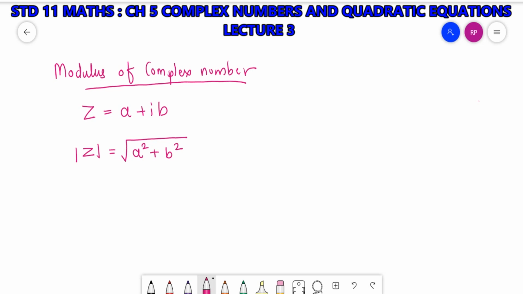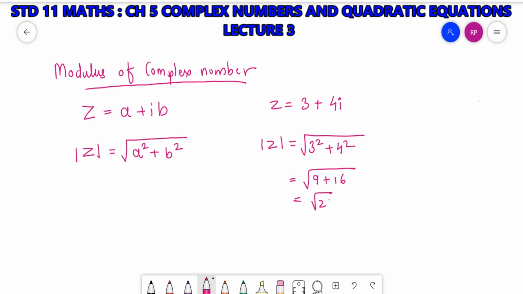Okay, so remember this, if the complex number is 3 plus 4i, then the modulus of that complex number will be equal to under root of 3 square plus 4 square, that will be equal to under root of 9 plus 16, root 25, and that is equal to 5.